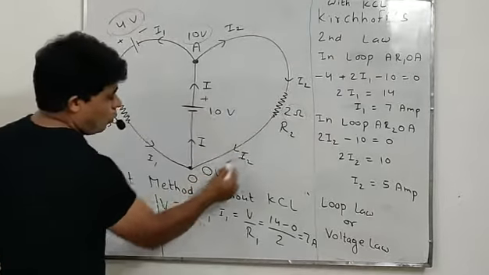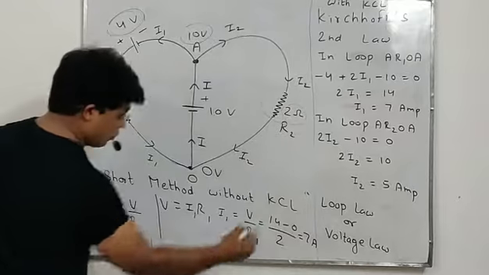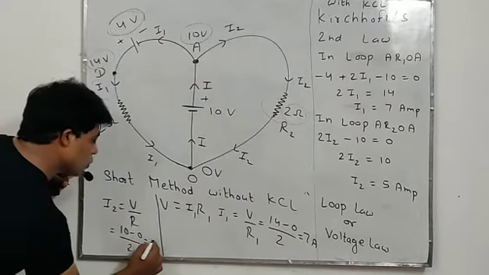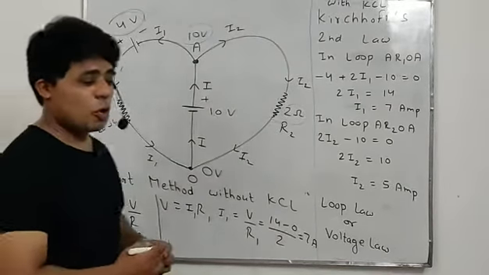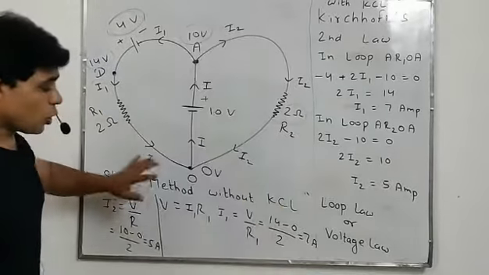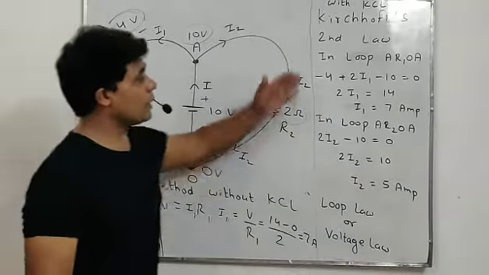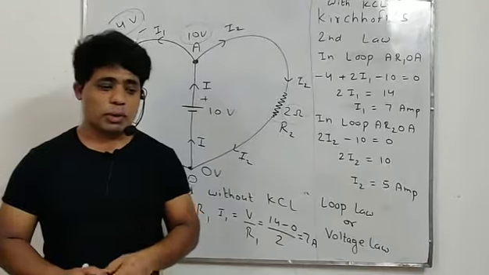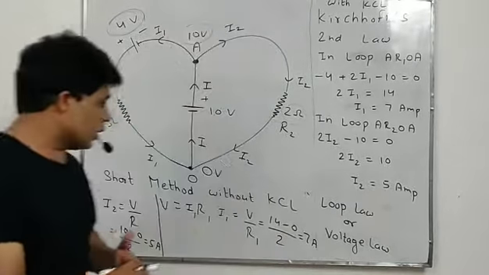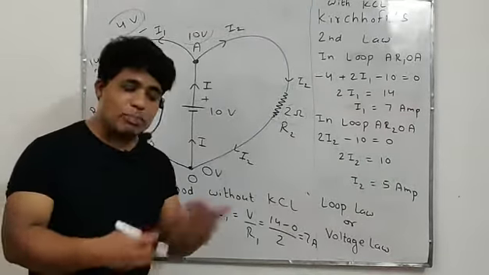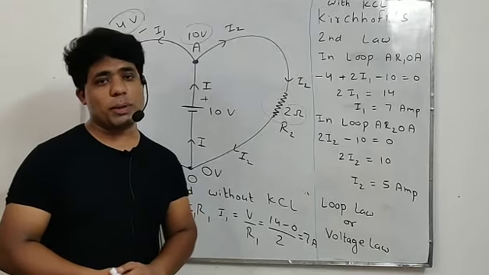And between A and O there is a resistance of only 2 ohm. 10 by 2 is 5 ampere. So we got 5 ampere. This is the short method without Kirchhoff law, and that is the long method with Kirchhoff law. In competitive examinations, if you follow this method, you can attempt the question easily within a short period of time.